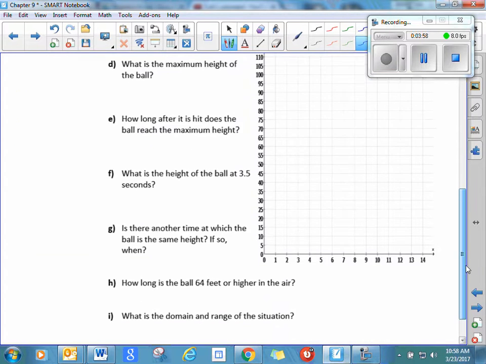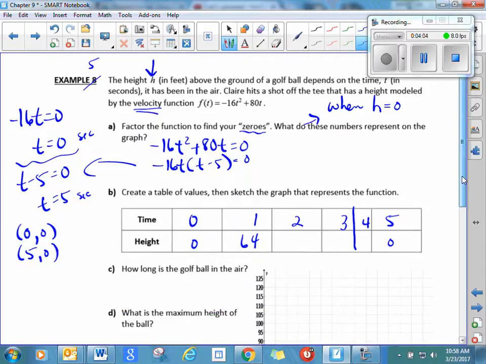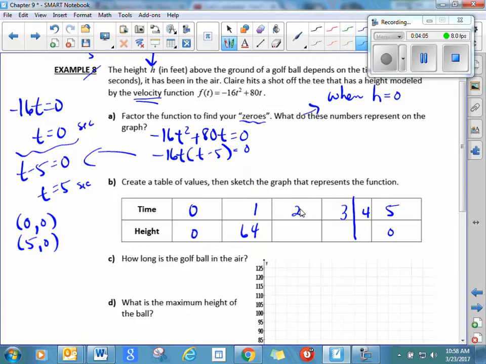Let's see, what unit are we in? Feet, height in feet. Okay? At 2 seconds, it's higher. At 3 seconds, it's the same as 2 seconds. That's strange. At 4 seconds, oh, it's the same as it is at 1 second.